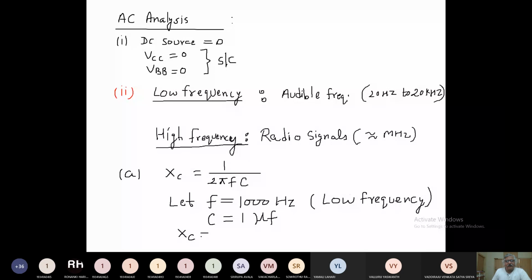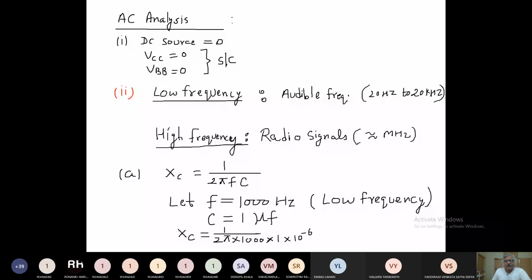the capacitive reactance offered by this capacitor at this frequency will be 2 pi into frequency 1000 into capacitor 1 microfarad. So you write in farad: 1 into 10 raised to the power minus 6, right?